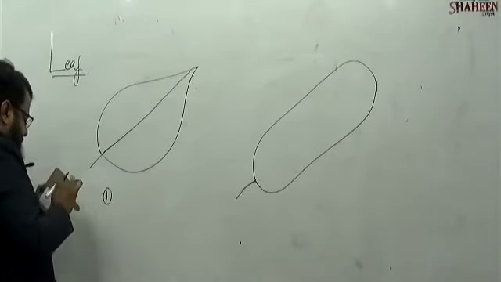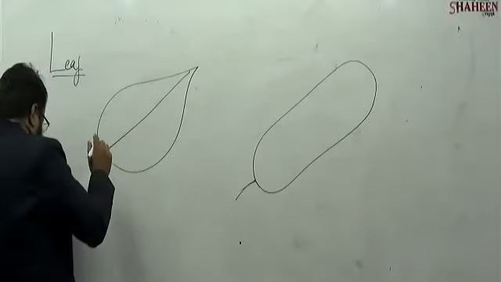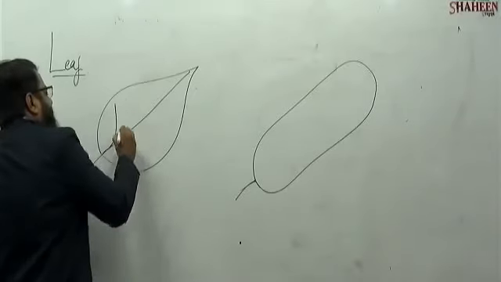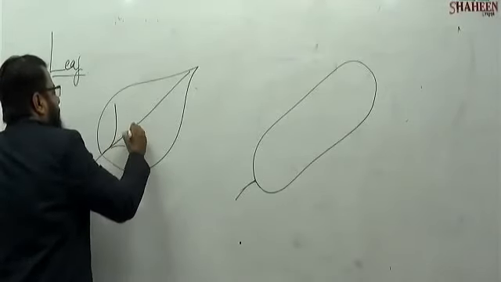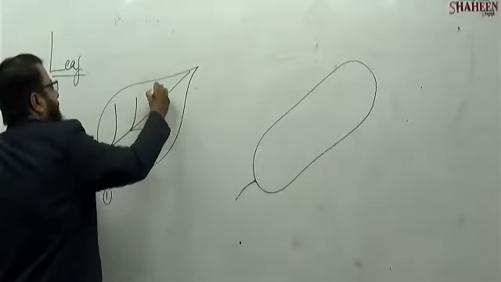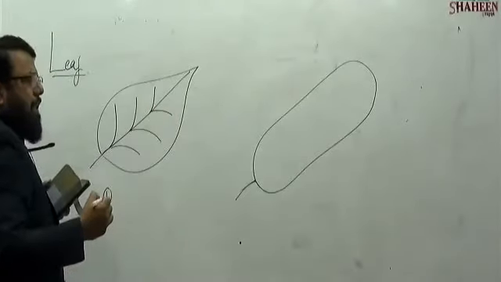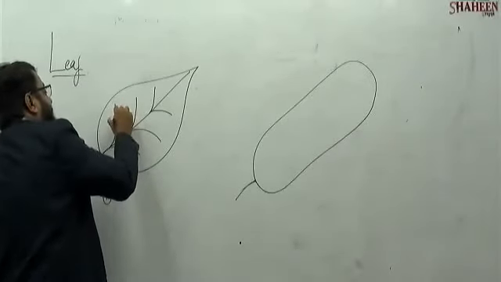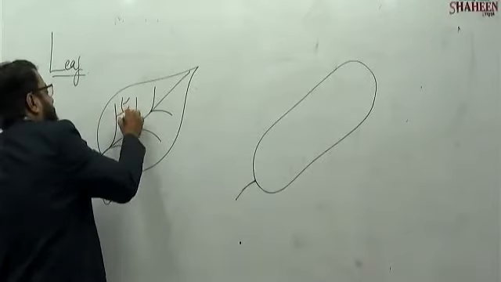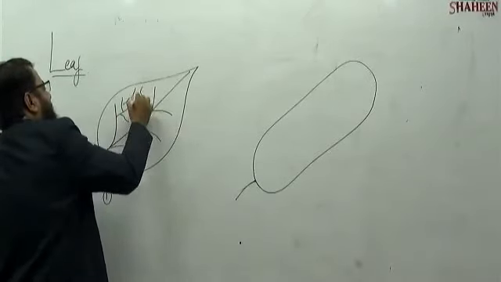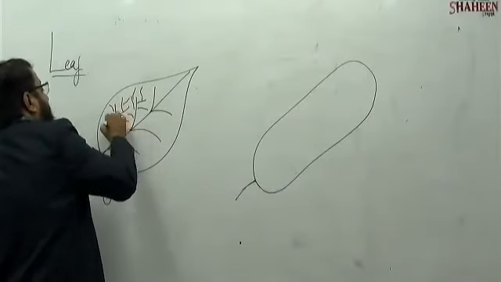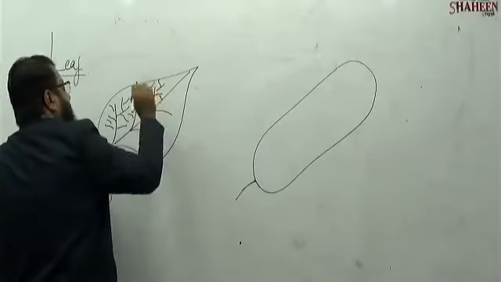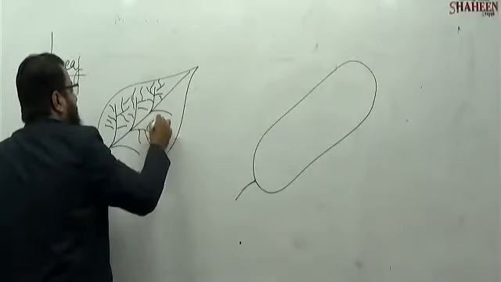Now observe here. The prominent vein, the main vein, is producing branches, many branches, and in turn these branches of veins produce further branching. These are nothing but veinlets.